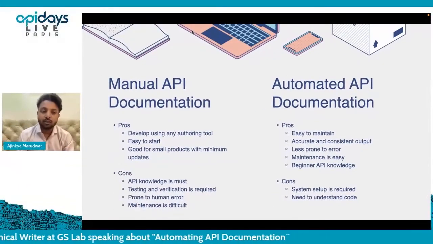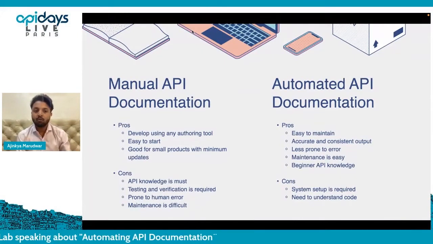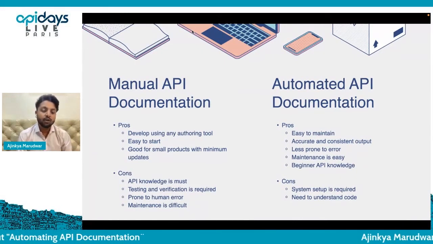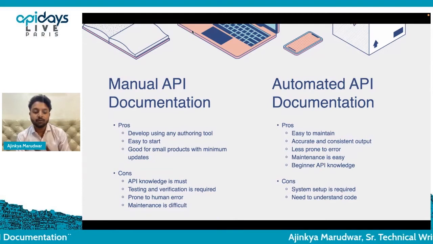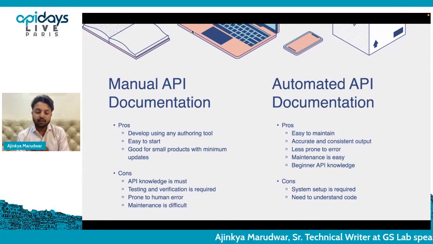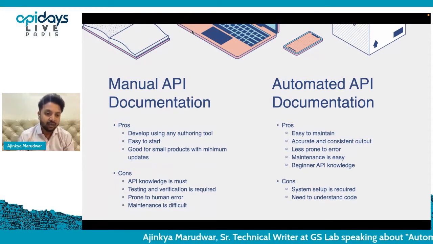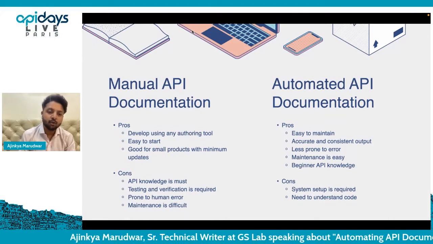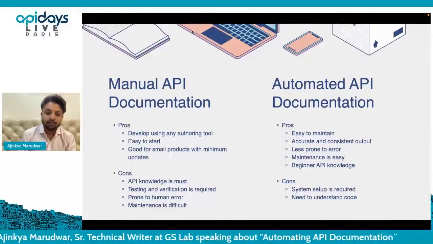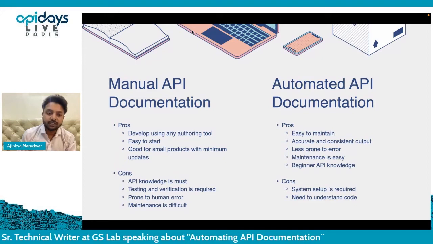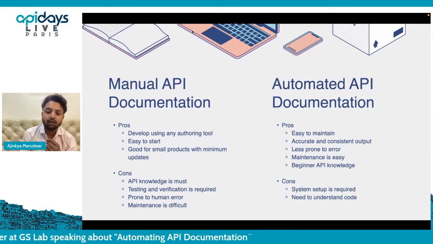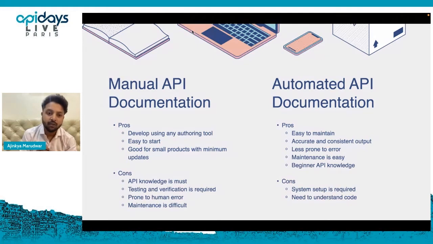So here are two comparisons: developing manual API documentation and automated API documentation. Both work fine, but manual API documentation is good when the project is in its initial state, a very small product line that won't have multiple changes, or where there are no changes to the API while documenting it or in the release production cycle.